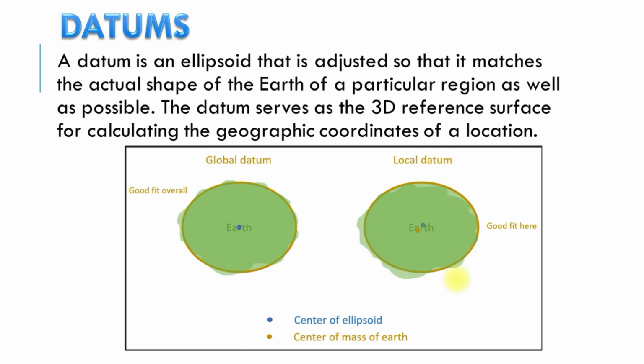But we can use several datums according to the region we're projecting, because some datums give the best approximation in a certain area, while others give the best approximation of the surface in another area. For global projections, use global ellipsoids such as WGS 84.